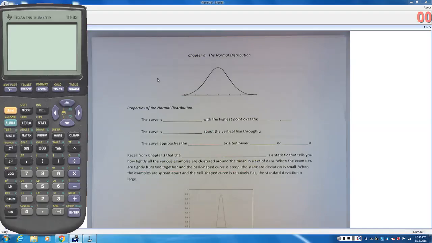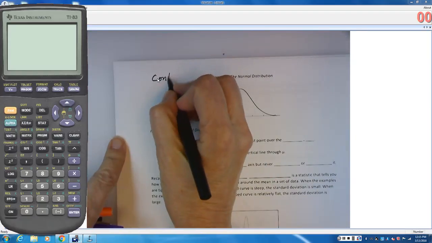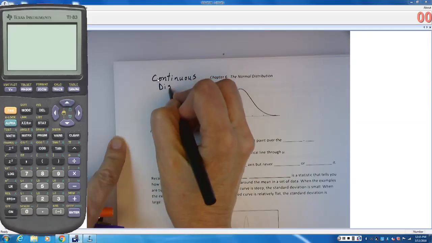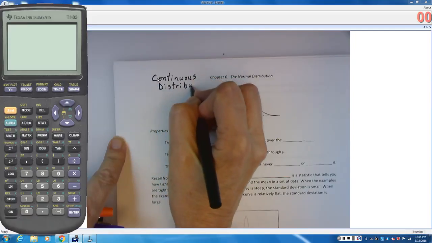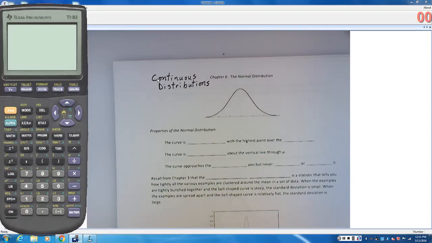Okay, so this is chapter 6. This is continuous distributions. In chapter 5, we talked about discrete and continuous distributions.